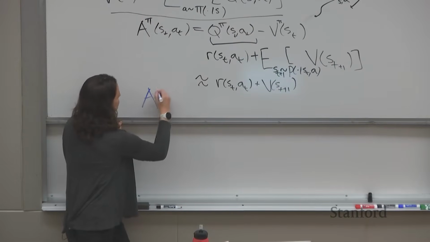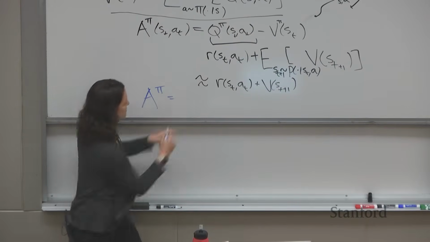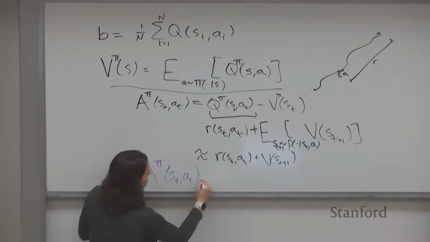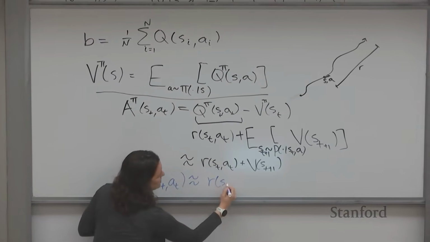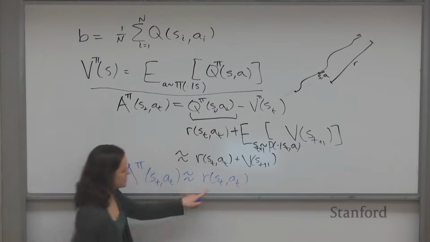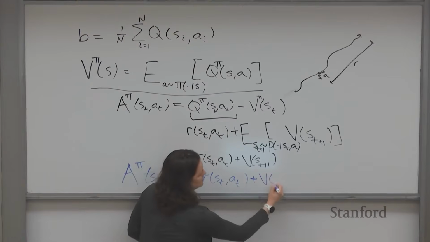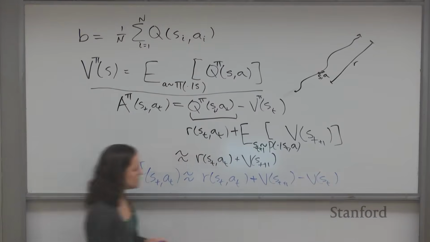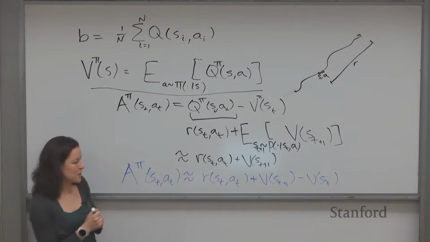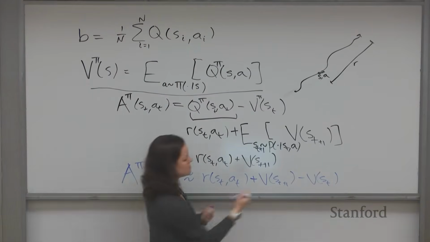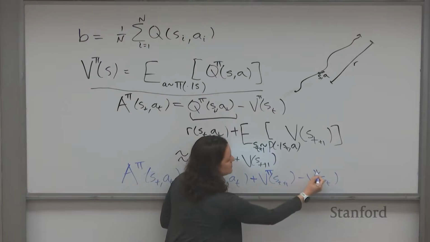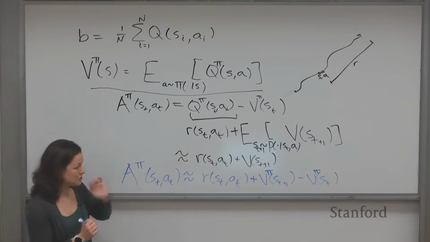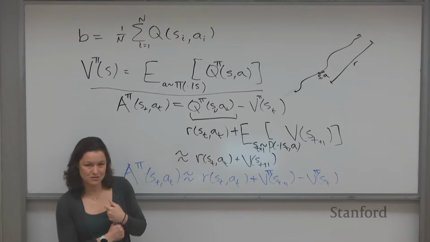So now A^π of s_t, a_t can be approximated as the reward that you saw plus the value at the next time step minus the value at the current time step. If we then have an estimate of V for our policy, we can estimate the advantage, and we can just try to directly fit V.